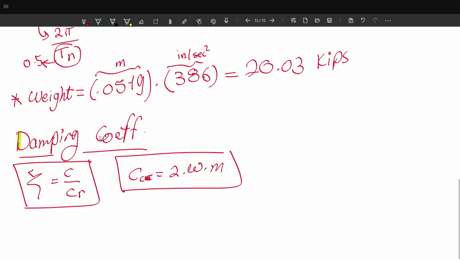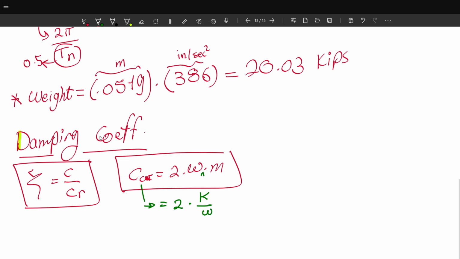So this CCR in this case is going to equal 2 times omega, which is omega n in this case. We are talking about the natural period. So 2 times omega times m, which we can put like k over omega.